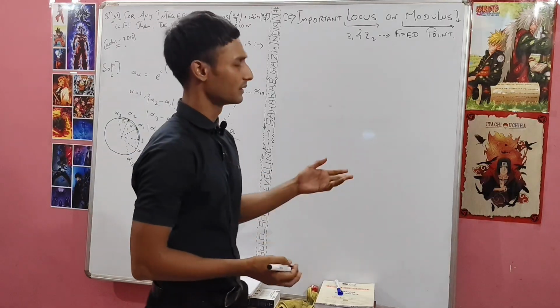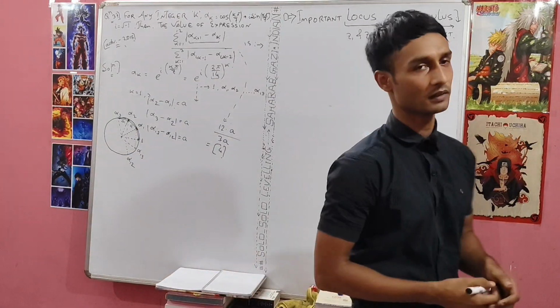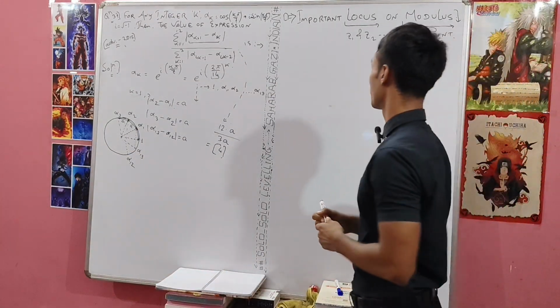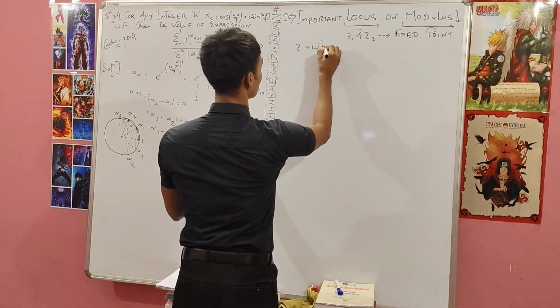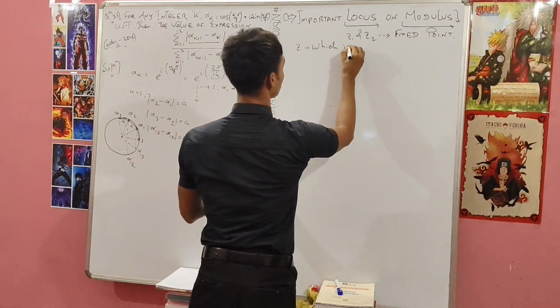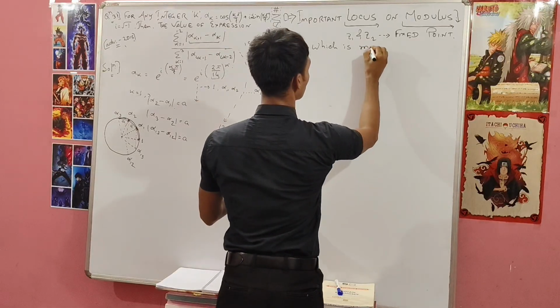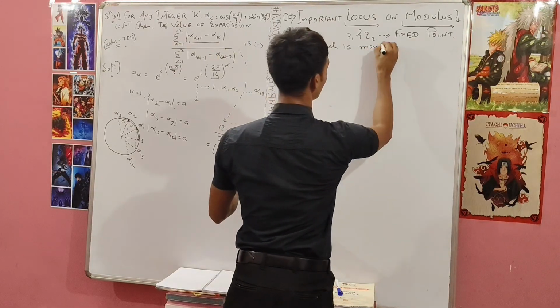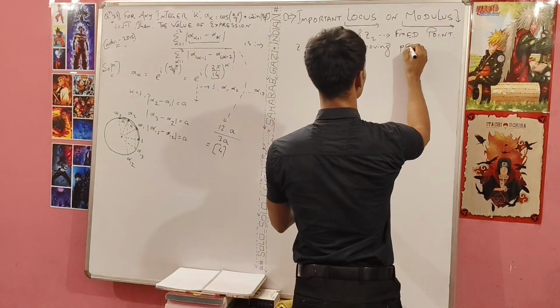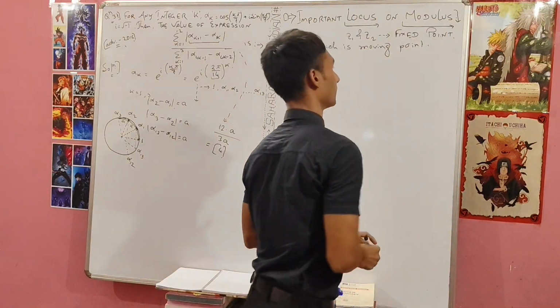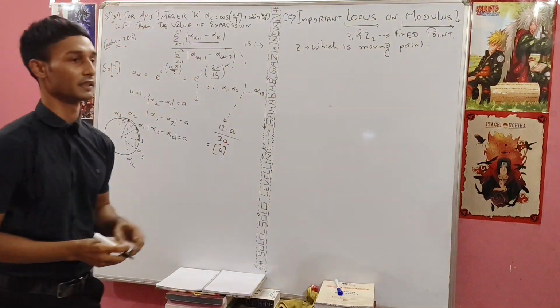In the same way, Z2 is also given, but you have to find the locus of Z, which is a moving point. You have to find the locus of Z here.